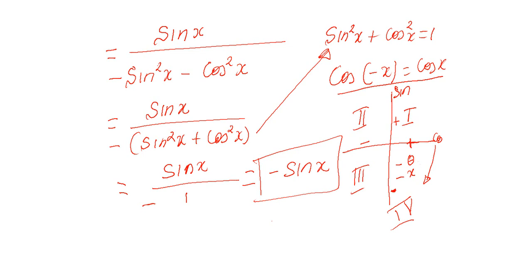But the sin of negative x will be equal to negative sin x. You know why? Because sin in this quadrant is negative. That's why I say it's going to be negative.